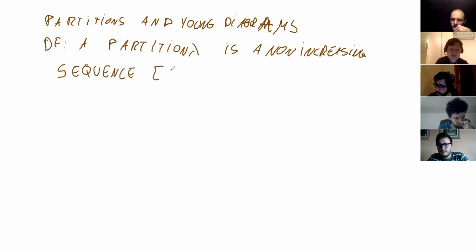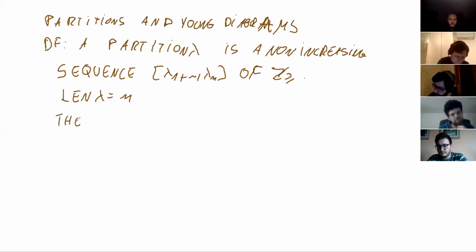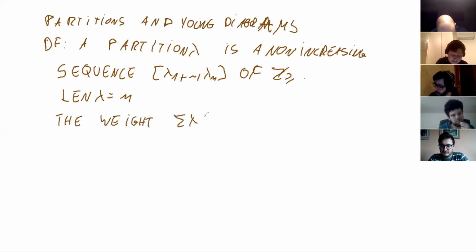We will denote it like lambda 1 up to lambda n of non-negative integers. Now the length of lambda is the number of elements in the sequence, it's n, and the weight is the sum of the lambda i's.